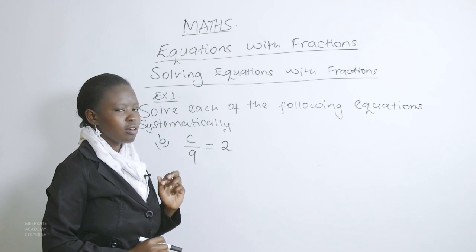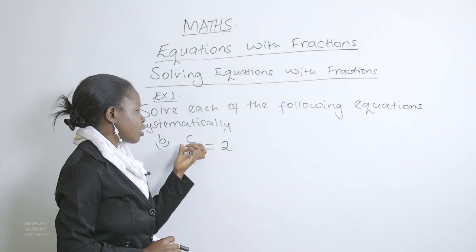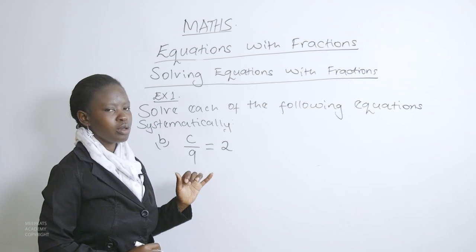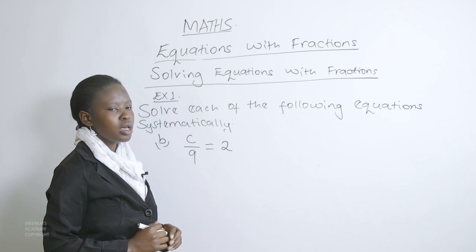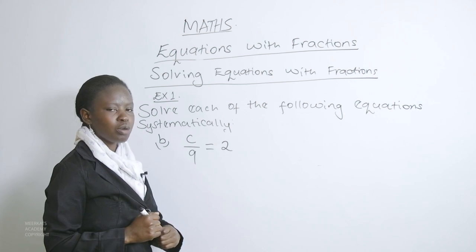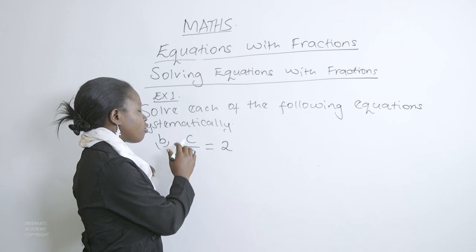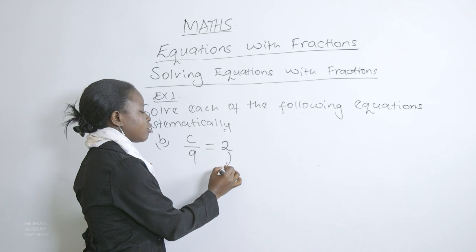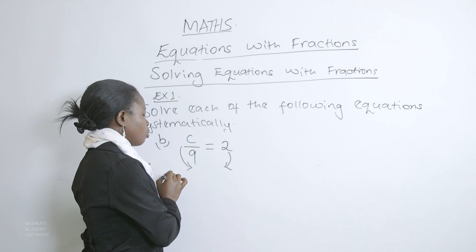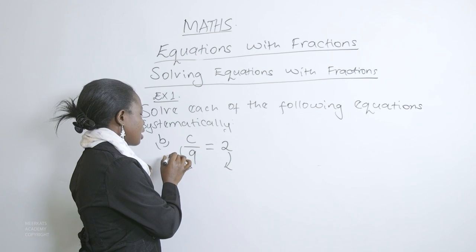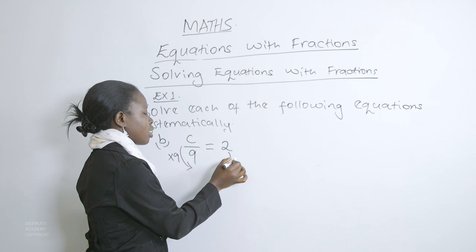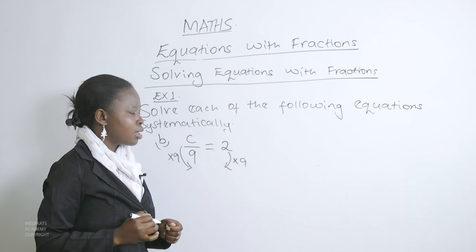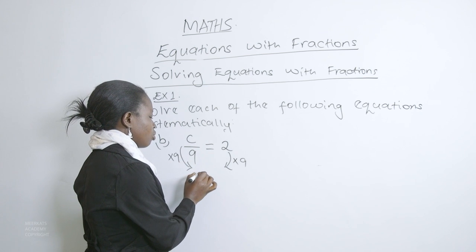For us to get the value of our pronumeral c, the step to be carried out is this: the fraction we have is c divided by 9, so we multiply by 9 on both sides. Times 9 on the left hand side, multiply by 9 on the right hand side.